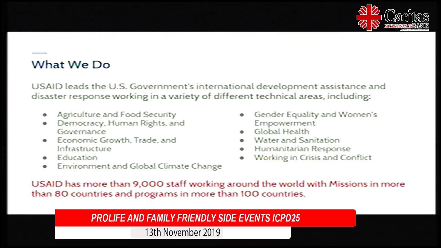USAID invests in ideas that promote the lives of millions of men, women, and children by investing in agricultural productivity to countries so that they can feed their people, combating maternal and child mortality and deadly diseases like HIV, malaria, and TB, promoting life-saving assistance in the wake of a disaster, promoting democracy, human rights, and good governance around the world, and many more. Our agency works in more than 80 countries around the world with programs in more than 100, and we have a staff of more than 9,000 people working together.